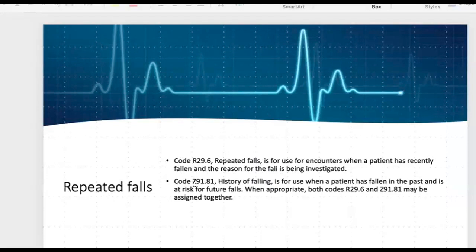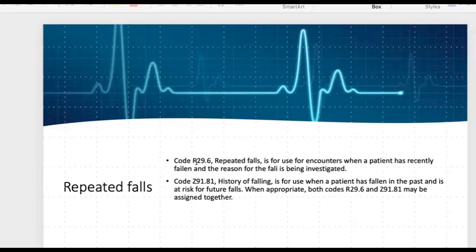And code Z91.81, history of falling, is for use when a patient has fallen in the past and is at risk for future falls. When appropriate, both codes R29.6 and Z91.81 may be assigned together. Okay, let's unpack this. This is very important.